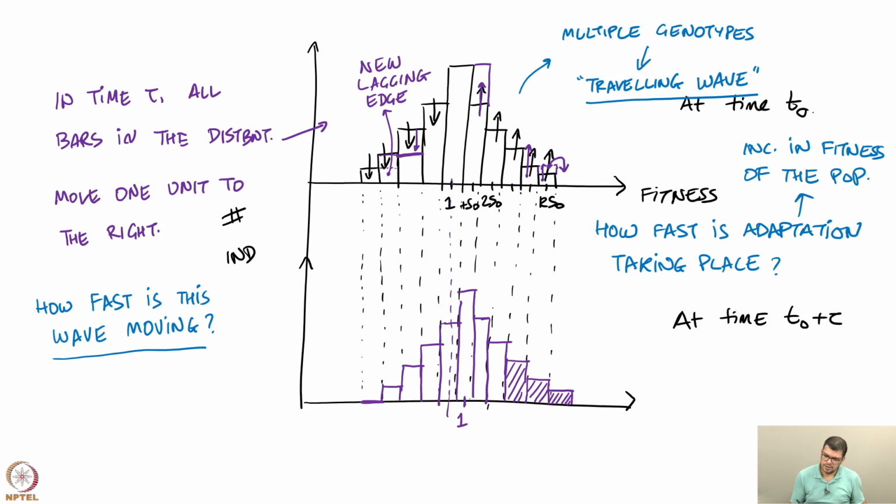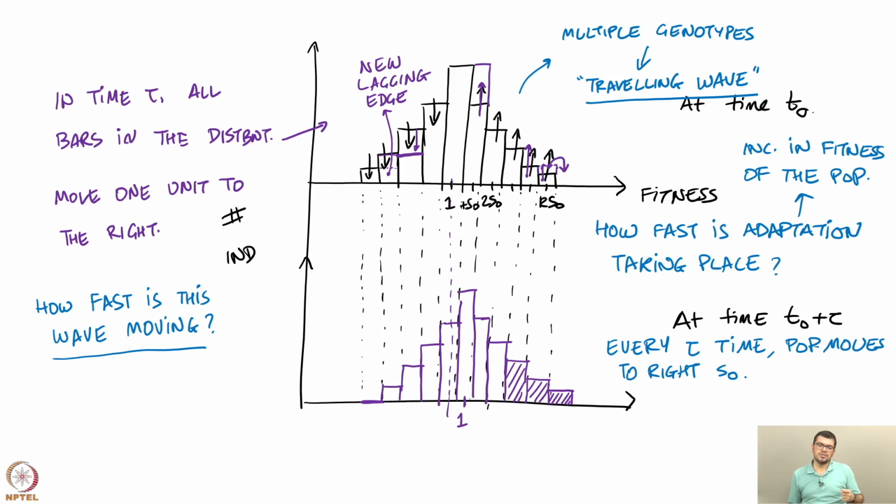What we are saying is that every tau time units, the population moves to the right by how much? Everyone moves to the right by S naught units. So, everyone moves to the right by S naught amount.